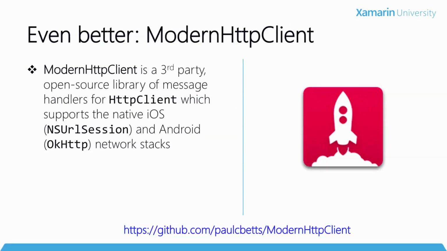Now, if that sounds like something you would like to do, then you'll love this. Paul Betts created an awesome open source project that you can add to your project with NuGet, which adds a highly performant message handler for iOS and Android that leverages the native platform networking stacks on each platform. On iOS, it uses the NSURL session library, and this is a higher level library built on top of the CF networking stack.